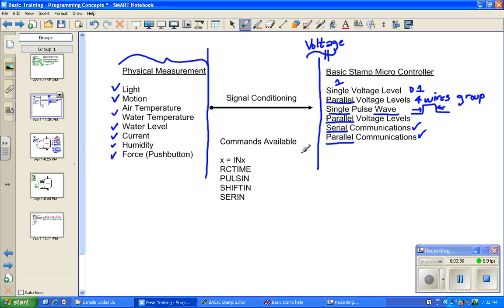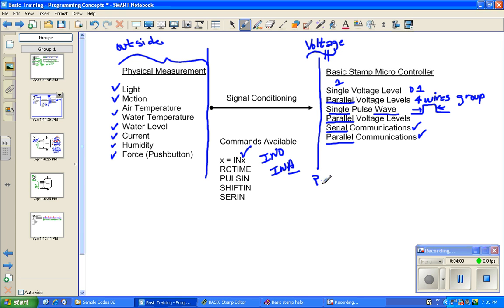Now there are several commands in the microcontroller that allow you to communicate with the outside world. The easiest command is simply using the IN command for a particular port, for example, IN0, or for a group of ports, you can say INA.